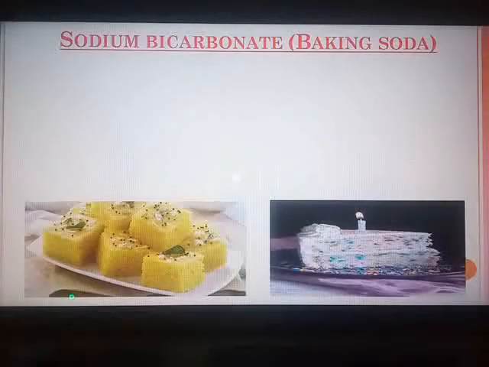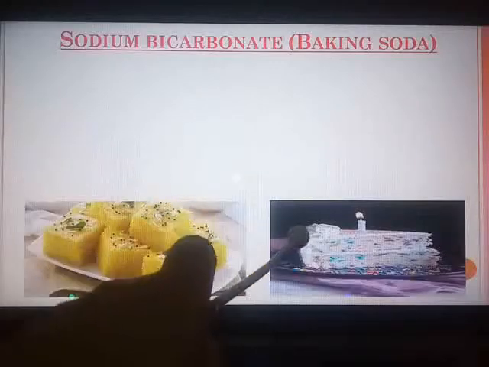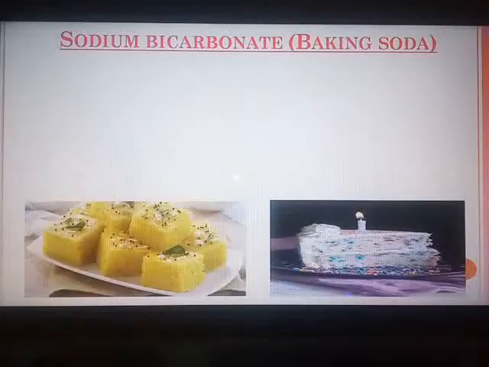Sodium bicarbonate or baking soda. Here I have first displayed some photographs in front of you, which are mouth-watering photographs. The food items which you love to eat. In the first picture you can see dhokla. In the second picture you can see cake.